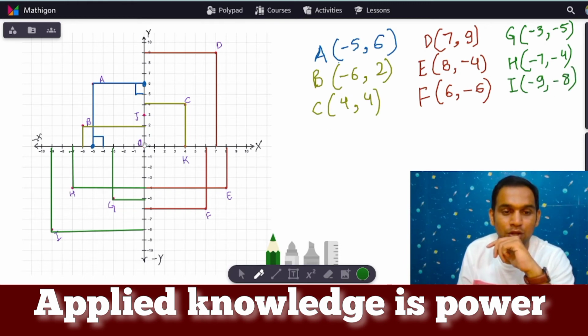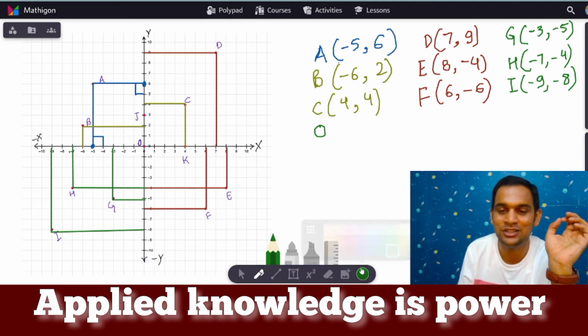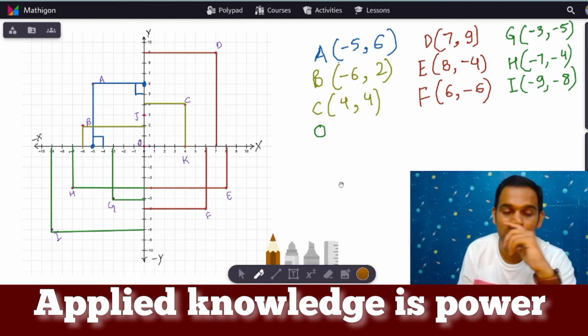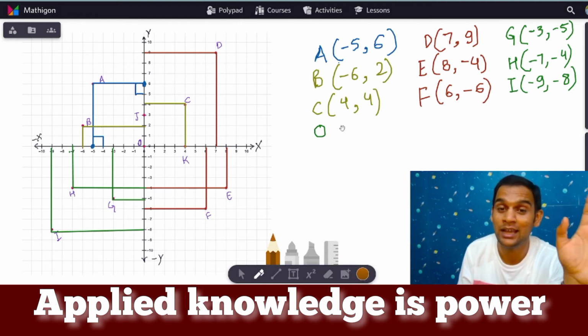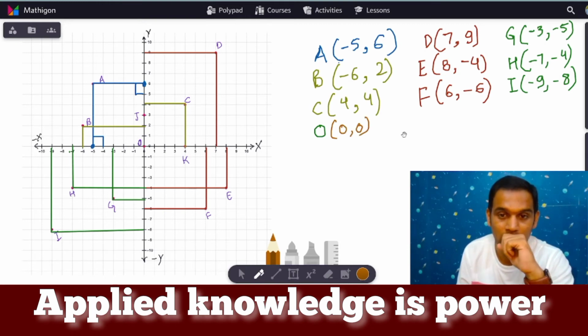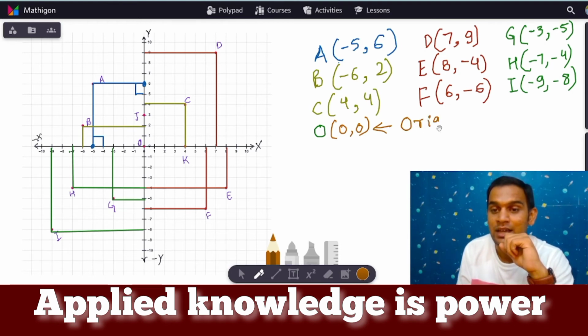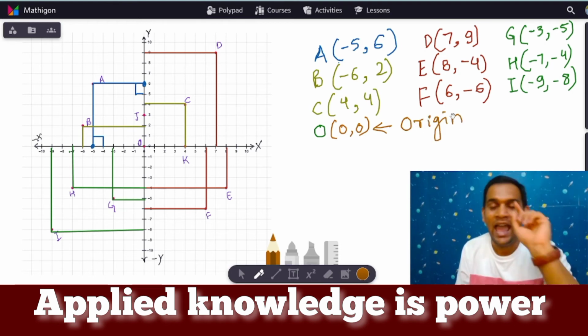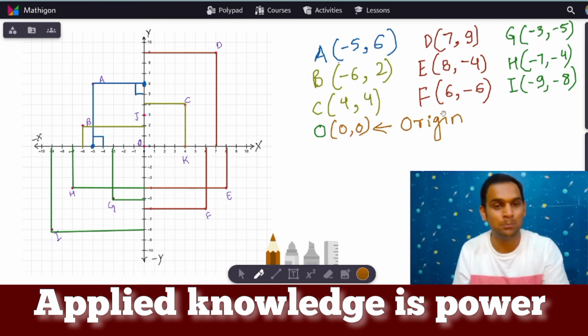Now we have the point O. As you can see, the point O is exactly at the 0 of both the number lines. The point O is 0 comma 0 and this is called the origin of the graph. Now every graph has this point compulsorily.